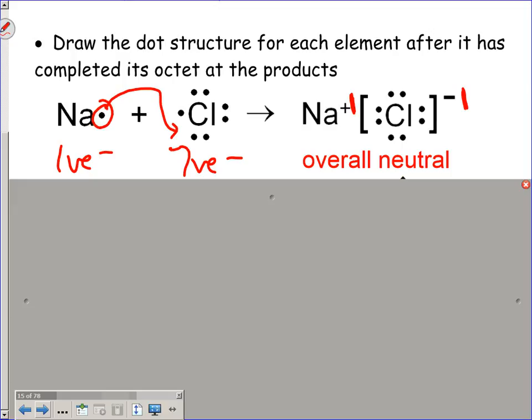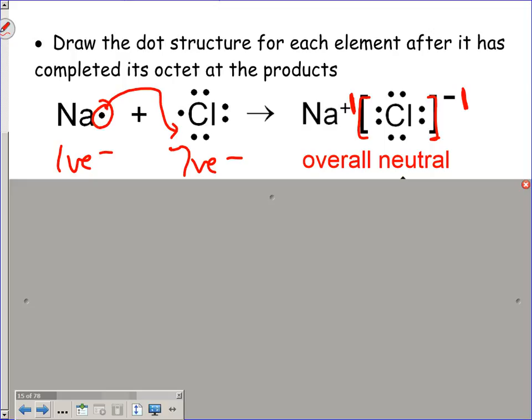For chlorine, we put brackets there to say, these are all mine. These in this bracket are now chlorine's because there's been 100% of a transfer. Overall, chlorine has 8 valence electrons now, and so does sodium. It just backed up to its second energy level, which was full.